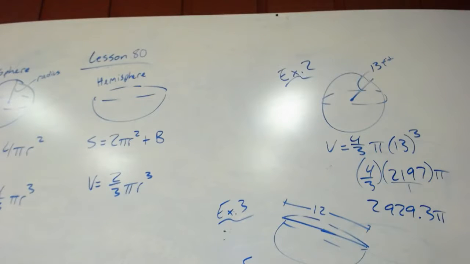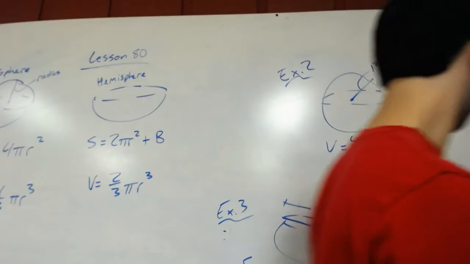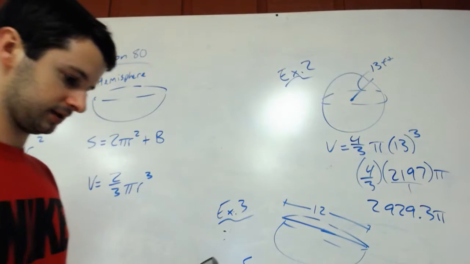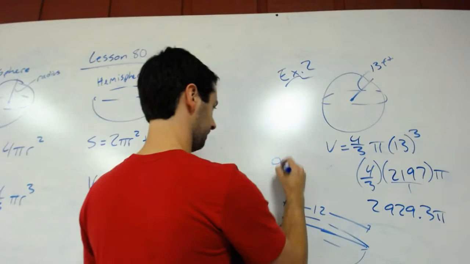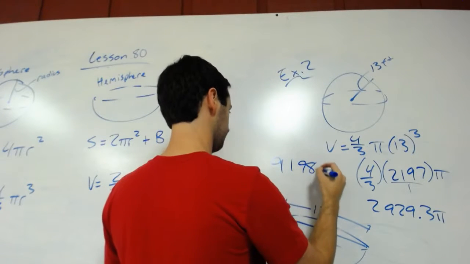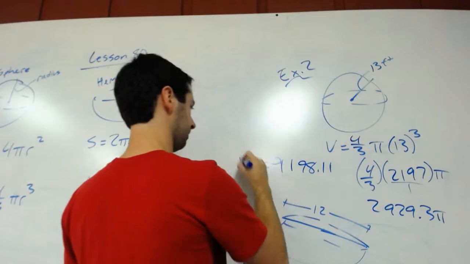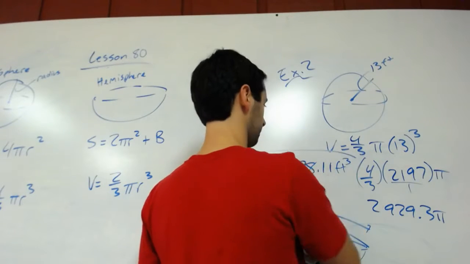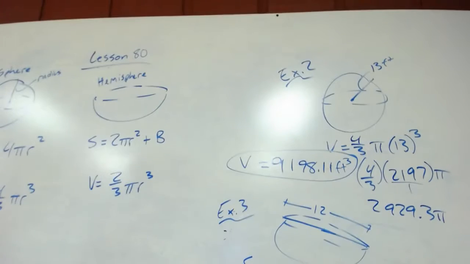And it wants the answer to the nearest hundredth, so I multiply that times pi and get roughly 9,198.11 feet cubed for my volume. So that's how I do the volume and surface area of a sphere.